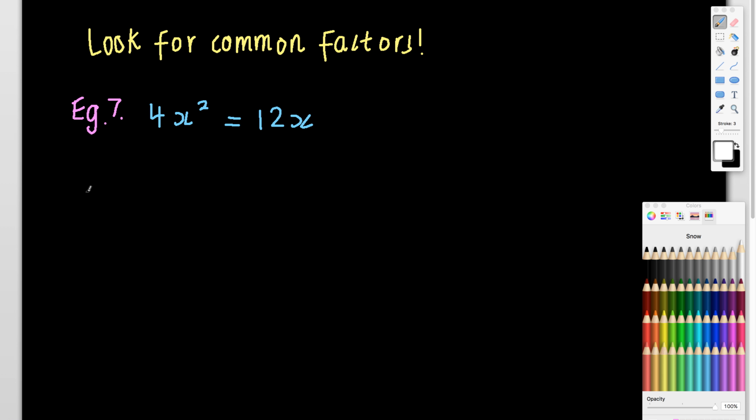With this one here, we could do it the same way that we have done previously. So that's to get all your terms onto the left-hand side, equating it to 0. Once we've got this, we want to make sure that we take out common factor, because you'll see that there is a common factor here of 4x.